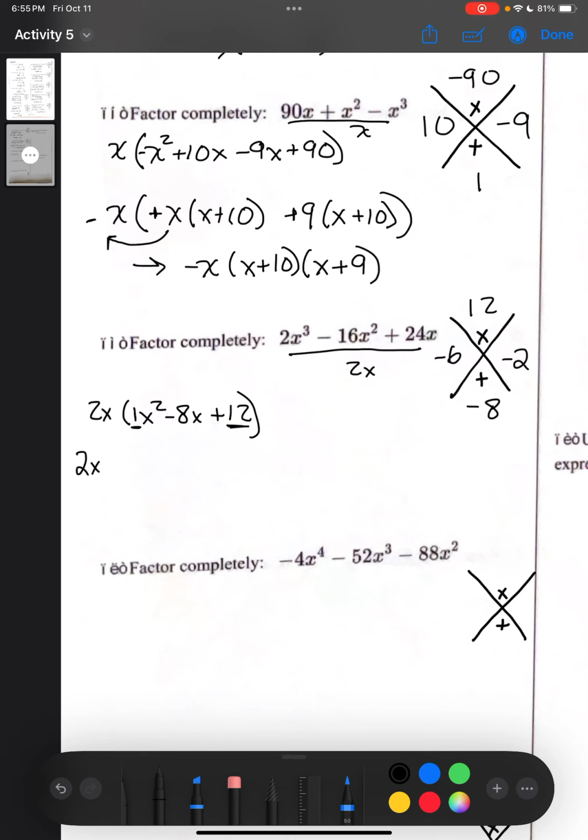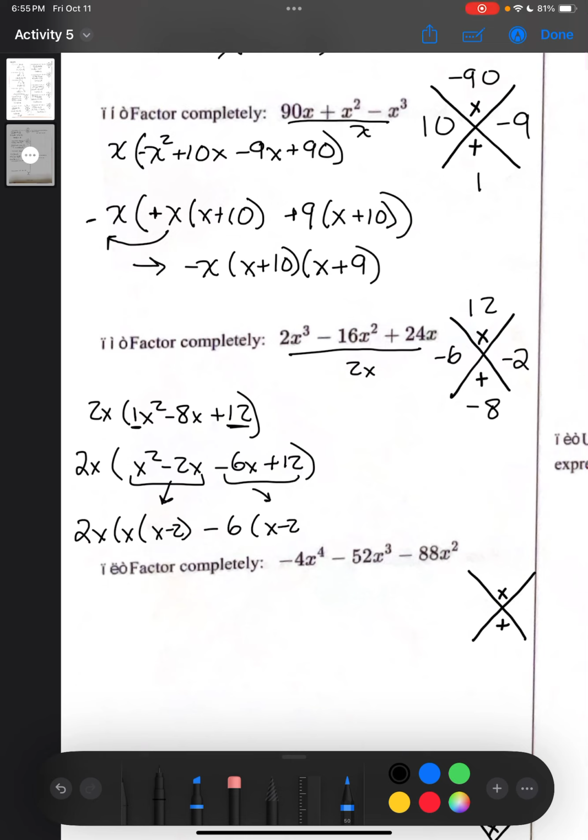Through this we have that 2x still there. x squared minus 2x minus 6x plus 12. We're going to group these. Group this side. 2x. Bring out an x. Take out a 6. And you should end with 2x times x minus 6 times x minus 2.